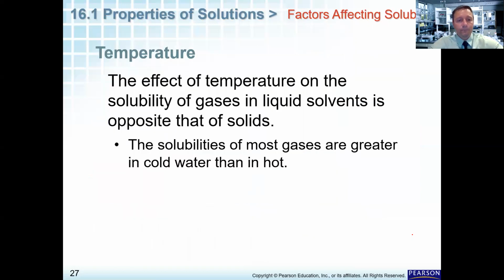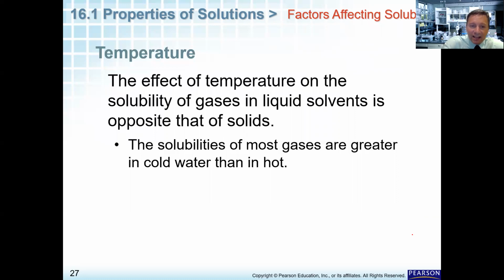Temperature. The effect of temperature on the solubility of gases in liquid. So that's important. The effect of temperature on the solubility of gases in liquid solvents is opposite that of solids. We're going to talk about that. So let's just do a quick recap real fast.